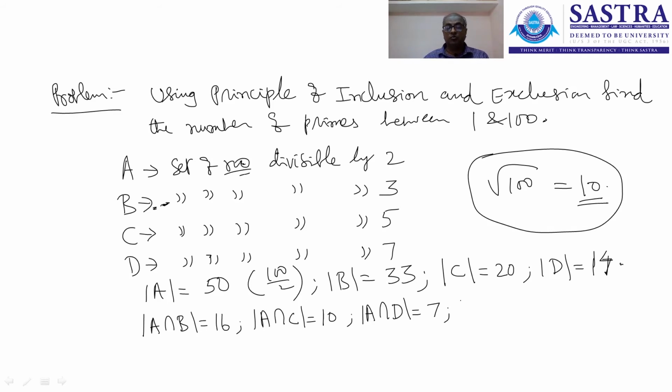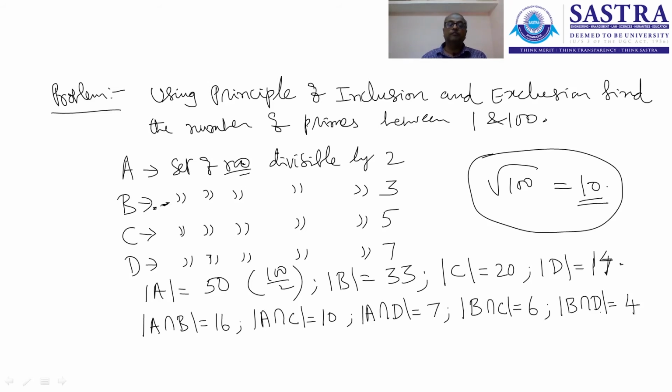And then the next one would be cardinality of B intersection C. 15 into 6 is 90. Then I have to calculate cardinality of B intersection D. B intersection D is 21, and 21 into 4 is 84.